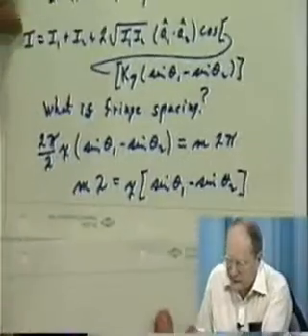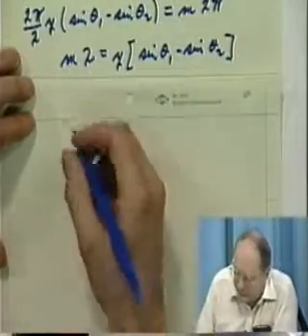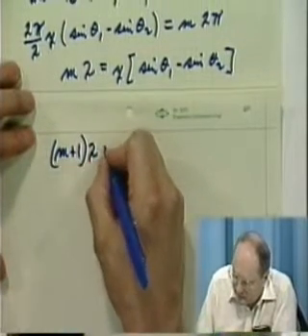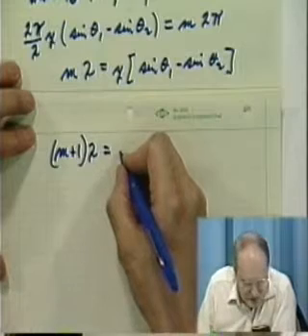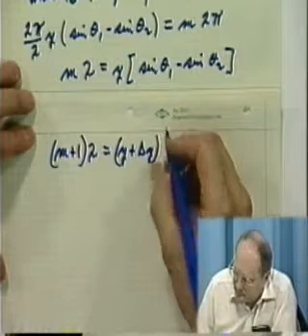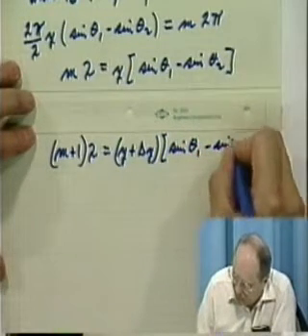And if I go over to the next fringe, I would have m plus 1 times lambda is equal to y plus delta y times sine theta 1 minus sine theta 2.